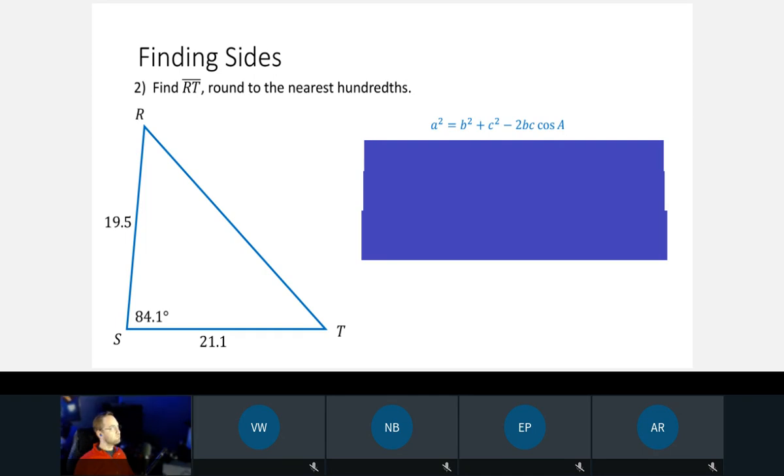So RT with the bar above it means the line segment. So why are you saying it's without the bar?